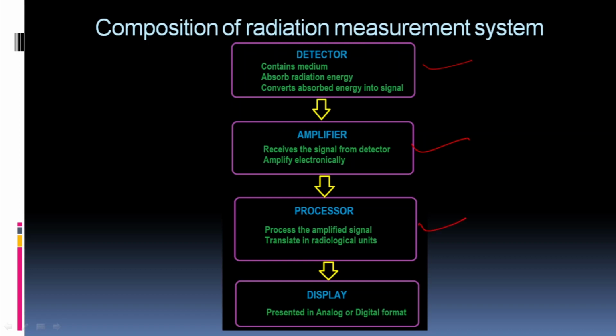So the third component is a processor. The next and final component of the radiation measurement system is the display, where the meter reading is presented in analog or digital format.